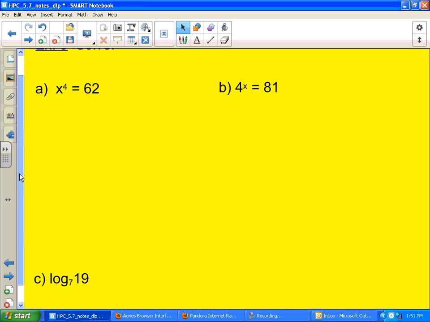Don't go back and just start being, oh, we're in log chapter, that means I need to use a log. Don't be the robot. What do I do? Undo a power of 4. We don't cube root to undo a power of 4. We take a fourth root. No, you didn't. You said cube root. Did she say cube root? She said cube root.